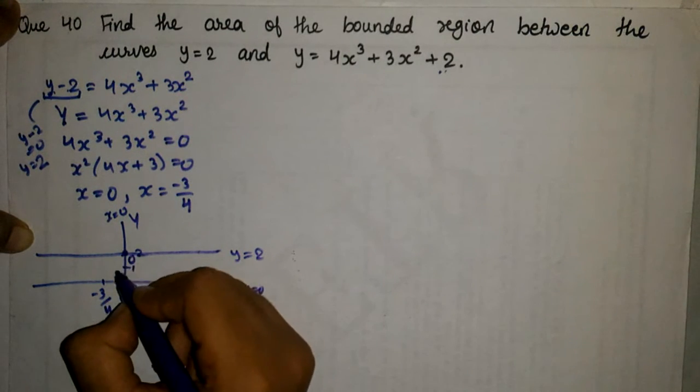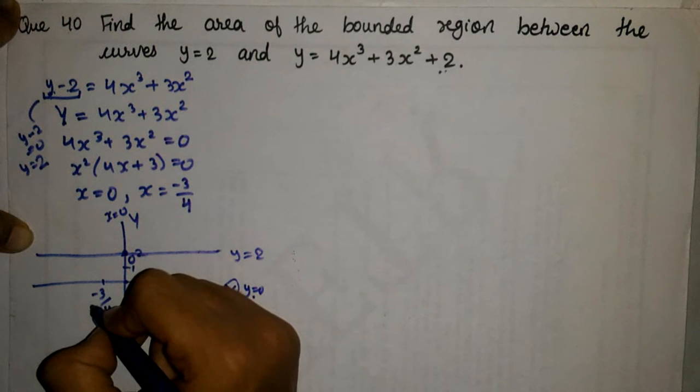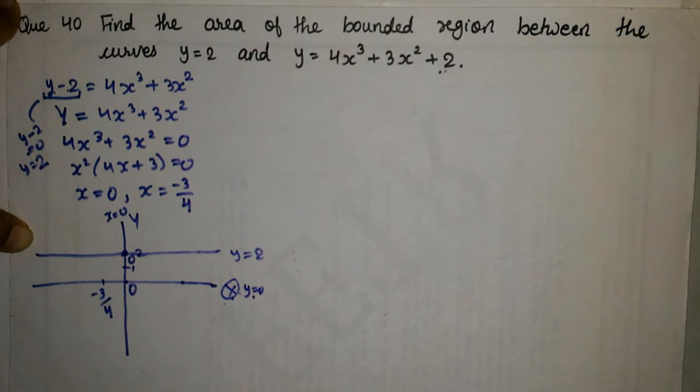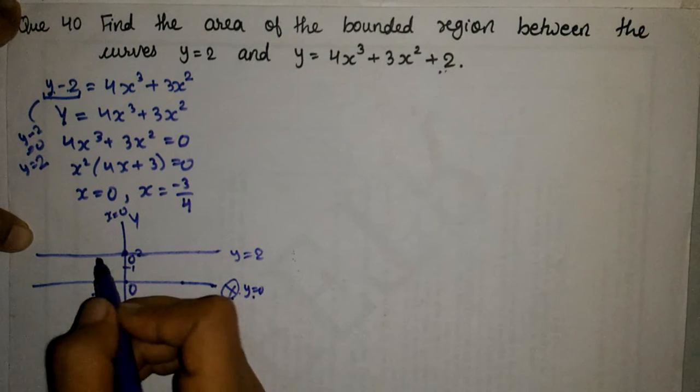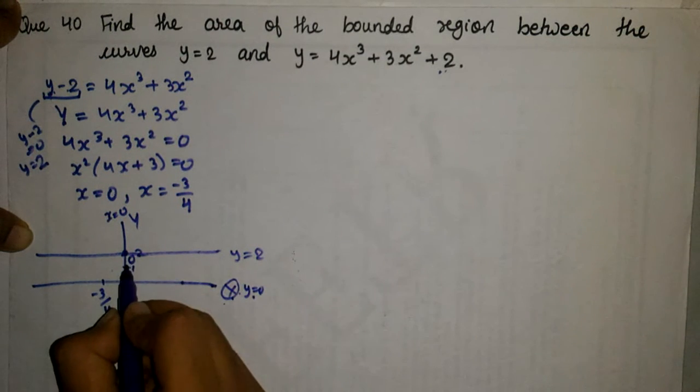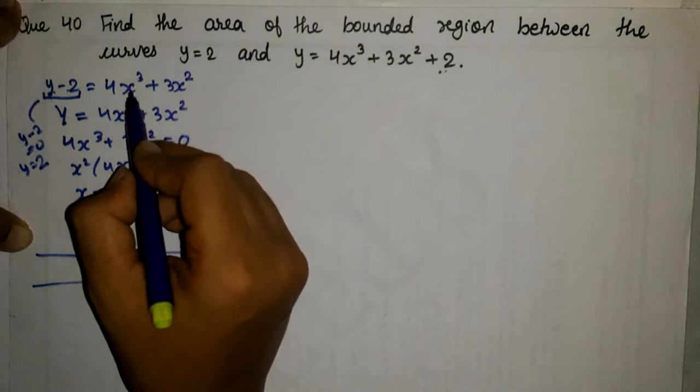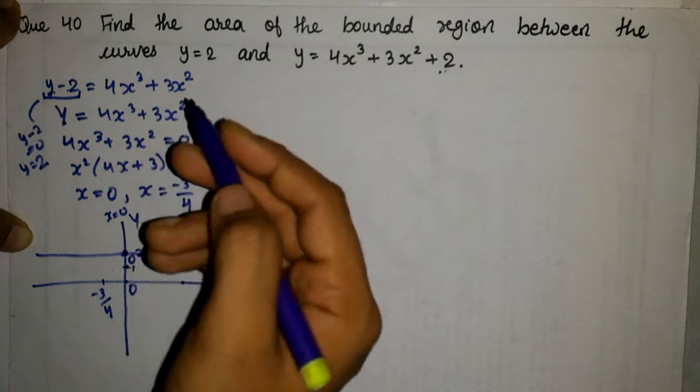Now it is a cubic curve. So to know the behavior, let's put some point and see how it is behaving here. When we put y equal to 1, we can see it is going to be positive.